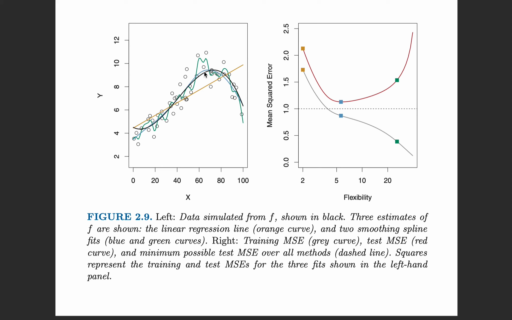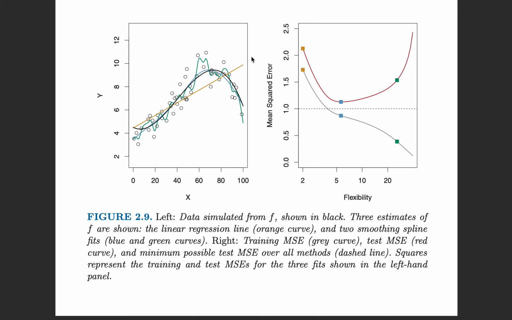Now, if we had another data set from the same source, it might have happened that this circle would be a little bit below the curve, or a little bit above, upper and lower, right? And that would change the fitted green curve as well. So the green curve is heavily sensitive to perturbations in the data, and that's why it has a high variance.